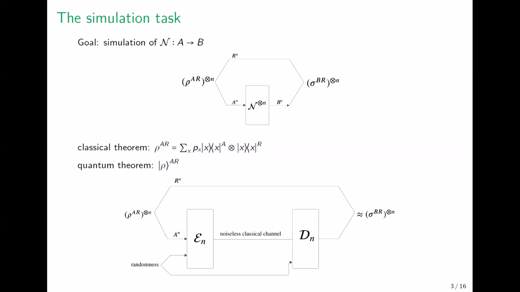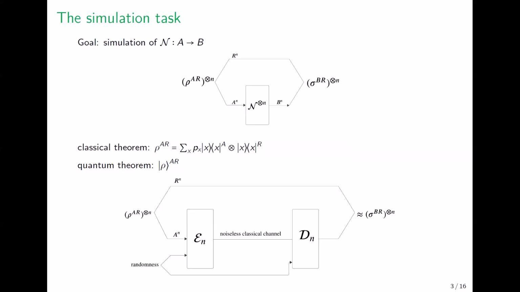So this describes the classical reverse Shannon theorem. We have n copies of this source, which is a fully classical state, and then we give the A^n system to the encoder, or Alice, and the encoding is done on this input. Then we use a noiseless classical channel to send the information, and then there is the decoder.